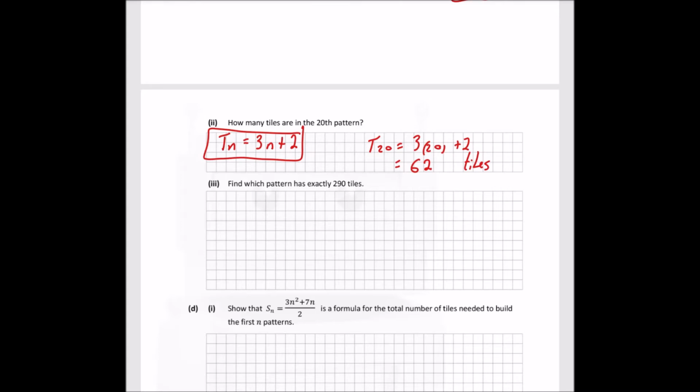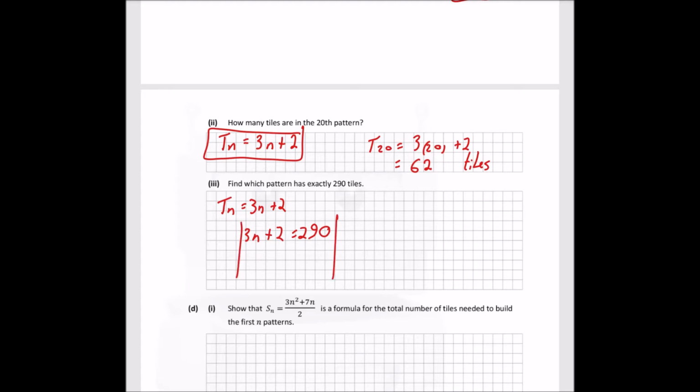Find which pattern has exactly 290 tiles. Okay, again we take our Tn formula. We could do trial and error, so 3n plus 2 equals 290. We could start putting numbers in for n and seeing which one of those will give us 290.